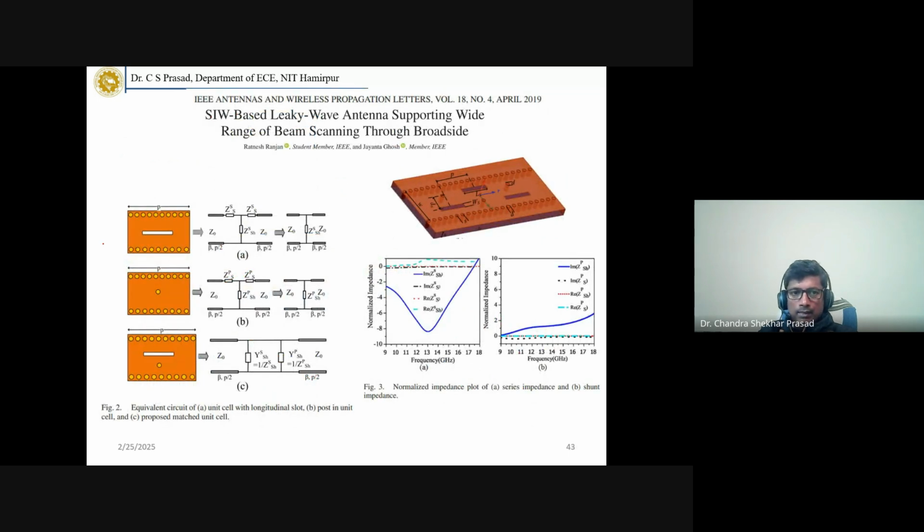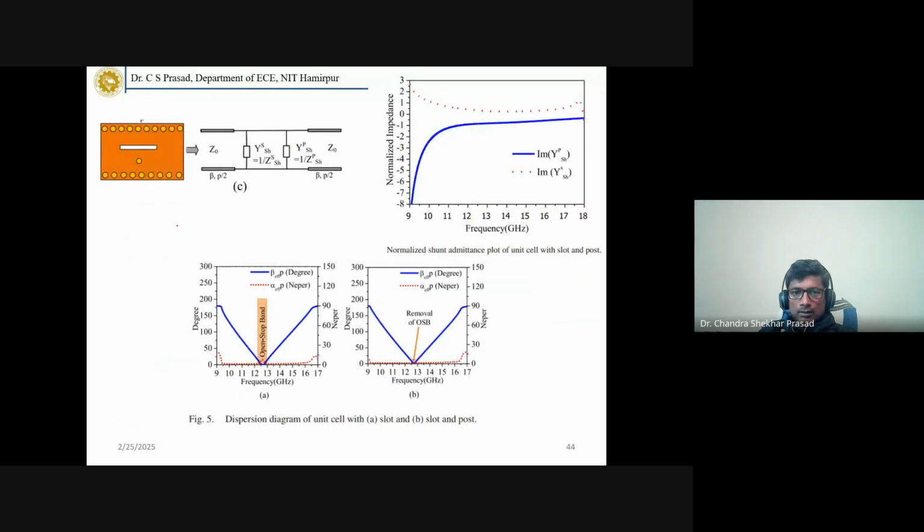Again here, one slot is not sufficient, so they are putting one more via. If this is capacitive, they are producing some inductive effect, and these two combined will nullify each other, and this will be matched. That analysis is given here again.